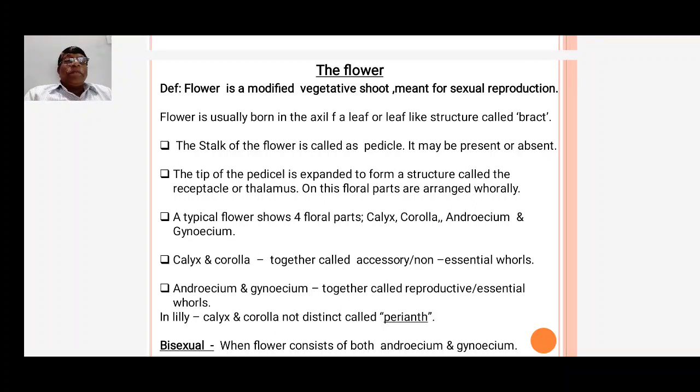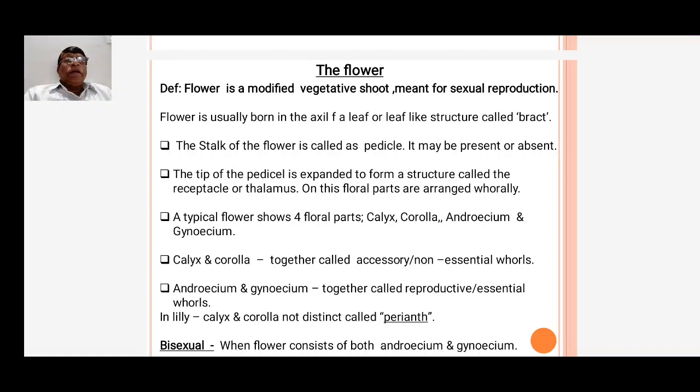See the diagram. Flower is usually borne in the axil of a leaf or leaf-like structure called bracts. If it is present, flower is called bracteate. Absent, ebracteate. Okay.